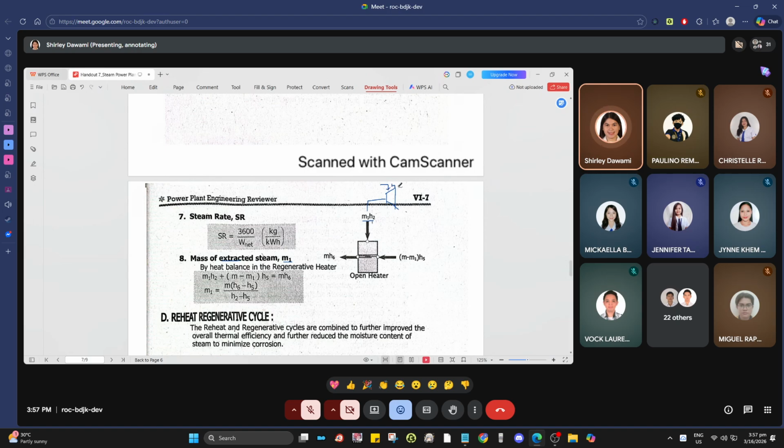Then H1 to H2 is a partial expansion. So mo-gawas diri ang H2. So mao nang M1 H2 niya. M1 sad ni siya kay mao man ni ang bled steam, no, or fraction of steam used for preheating. Then kani siya nga part diri, this is from the pump, no?